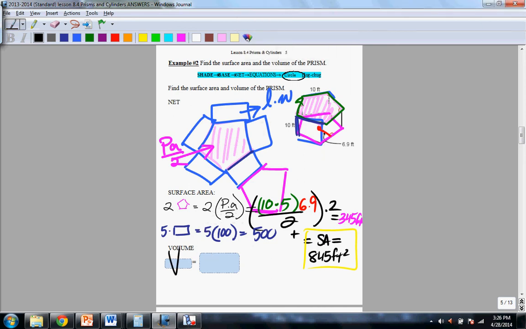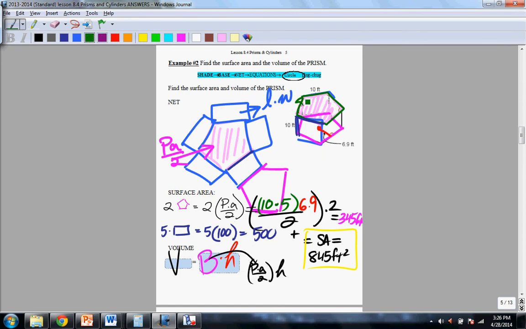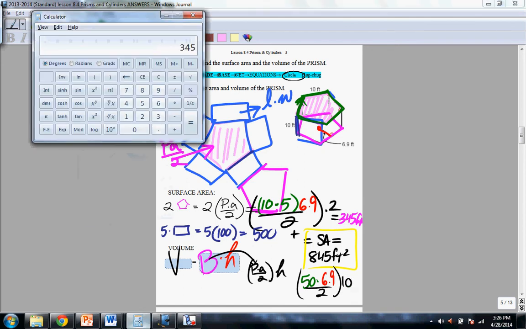Volume equals base times height, so volume equals area of the base times the true height. Now I define my base here as perimeter times apothem over 2 times my height. So my perimeter, you walk it around as perimeter, that's going to be 50 times the apothem, which is 6.9, over 2, that's your base, times our height, which is 10.